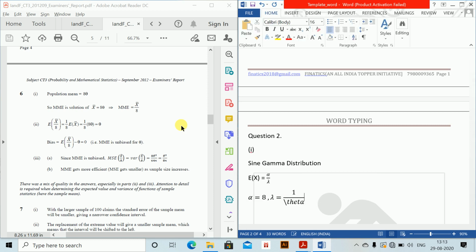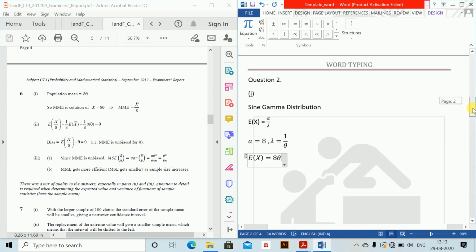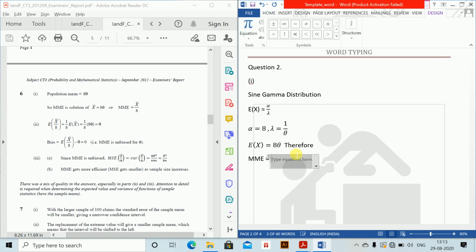So here in the examiner report they have skipped steps, but you cannot obviously skip steps, so I'm just writing all the steps for you. Therefore expectation of x is equals to 8 into theta. This is the expectation of x. Therefore MME is equals to x bar divided by 8, since expectation of x is given to us.